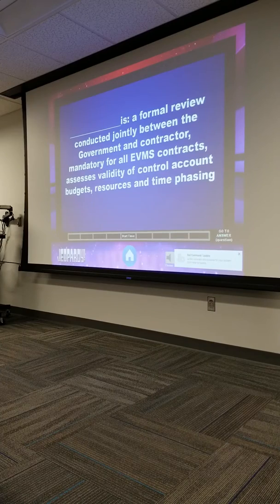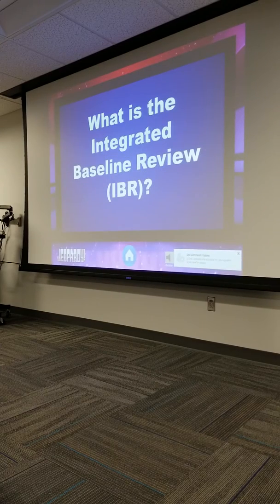It assesses the validity of control accounts, budgets, resources, and time phasing. What is that? Integrated baseline review, the IBR. Required within 180 days of contract award between the government PM and the contractor PM teams.